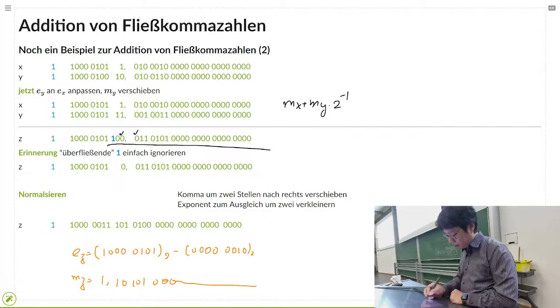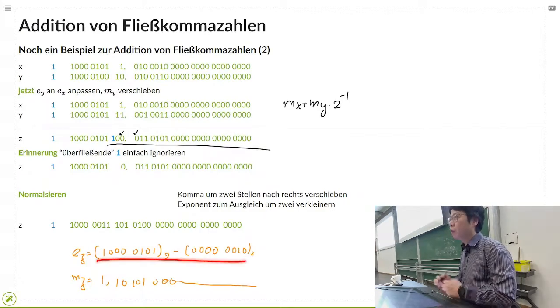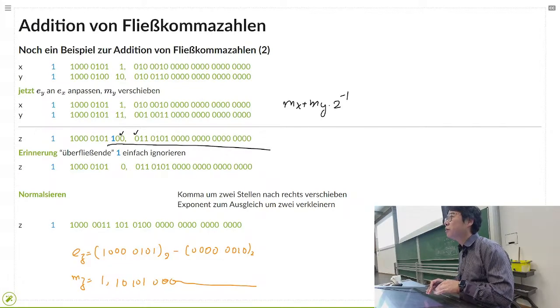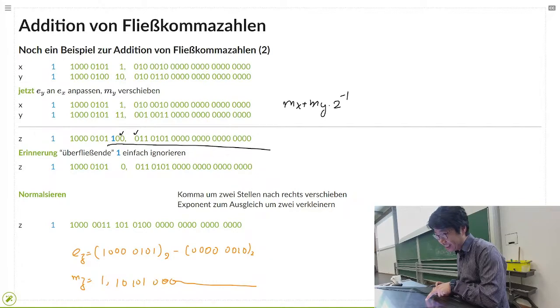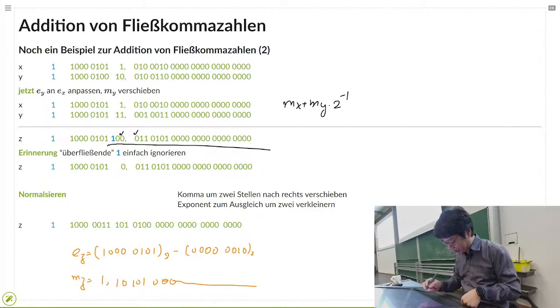Z is this one. Of course, I know I said we don't do subtraction, but you can do the subtraction if you want. So this is 1, 0, 0, 0, 0 minus 2. I forgot it, so I need to do the calculation.